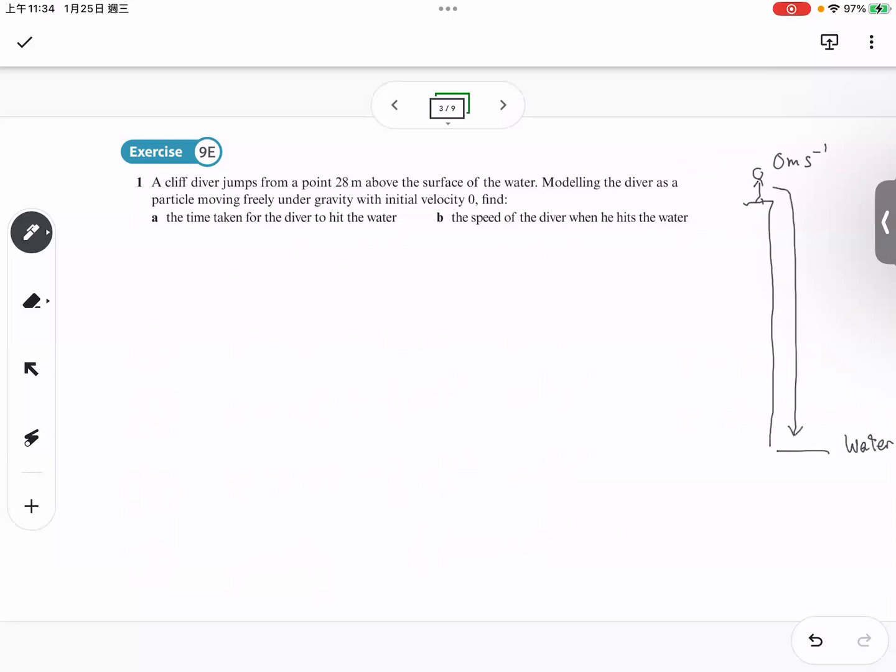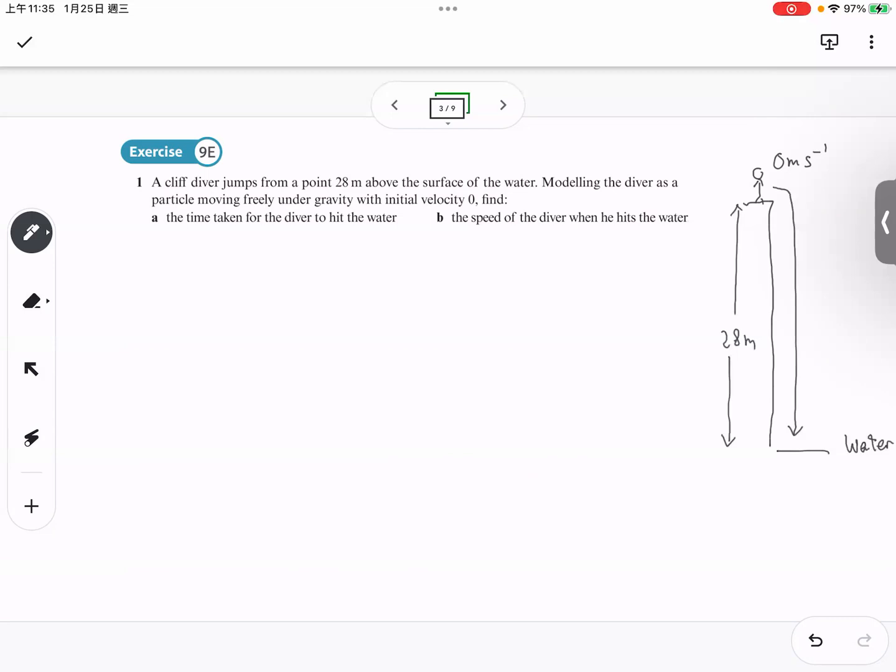The height of the cliff is 28 meters. For part A, you are going to find the time taken for the diver to hit the water. For part B, you are going to find the speed of the diver when he hits the water.